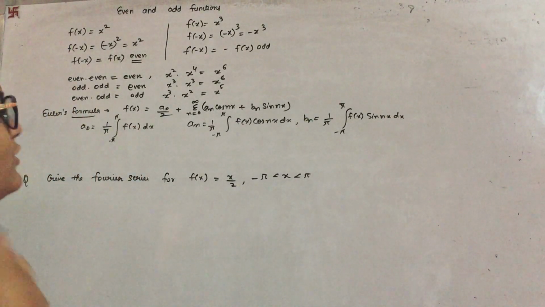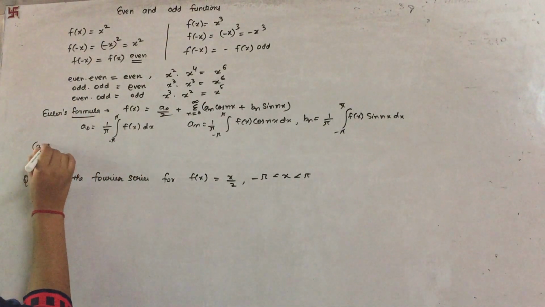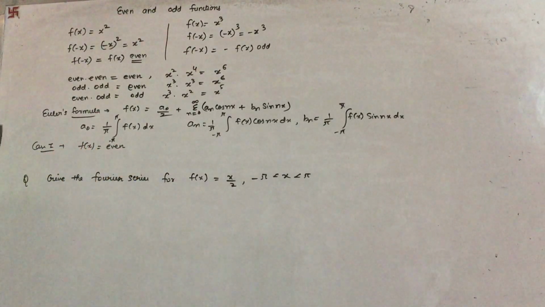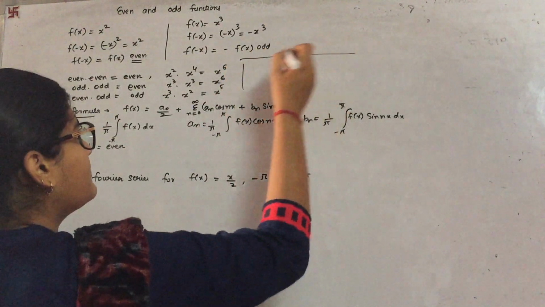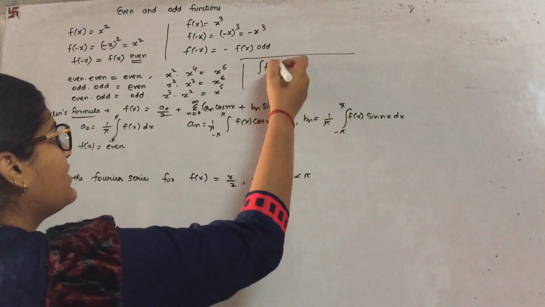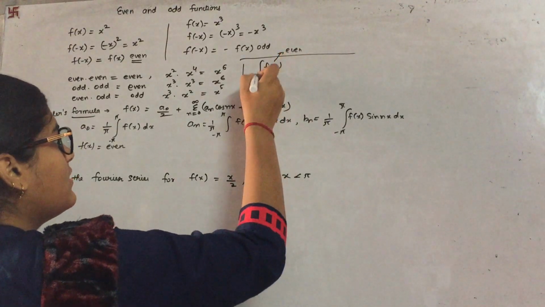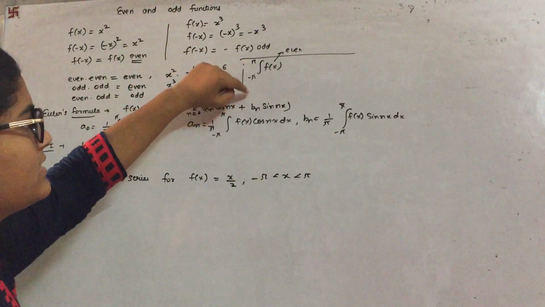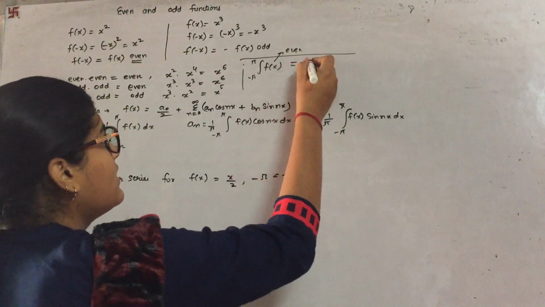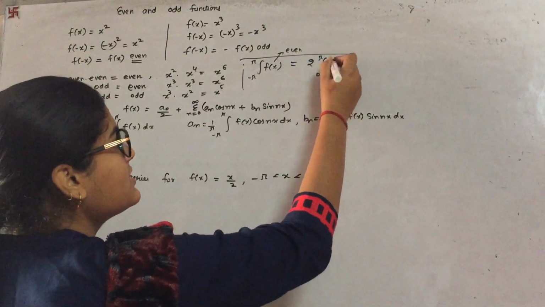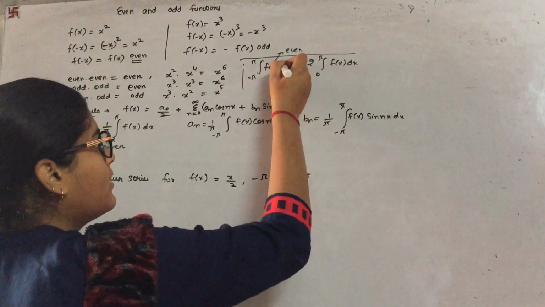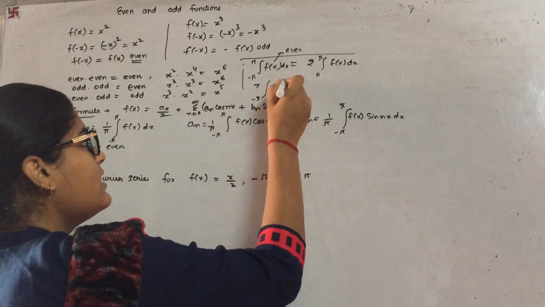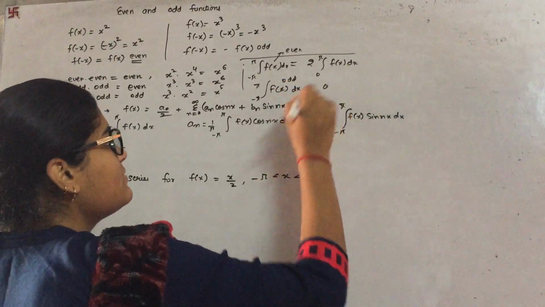Now what you have to do: let us suppose case 1, you have your function as even. Remember two things. If you have an even function, then the limit from minus L to L comes out to be twice the integral from 0 to pi, the half range, of f(x). And if f(x) is odd, then it comes out to be 0.